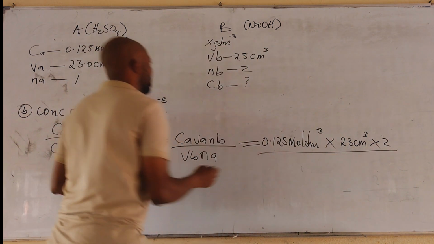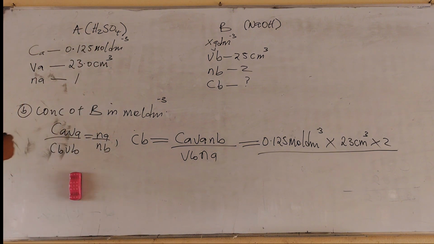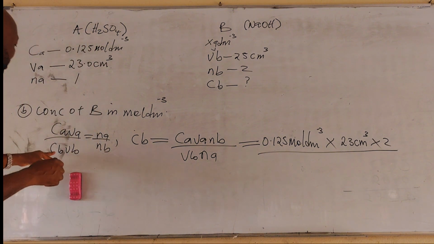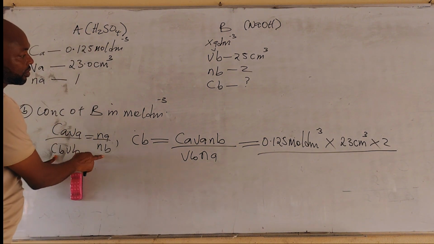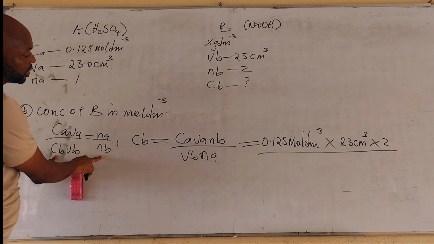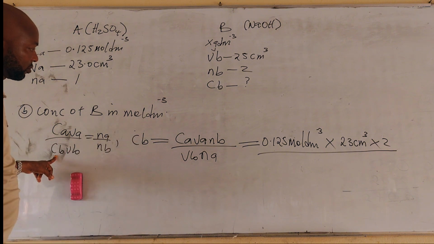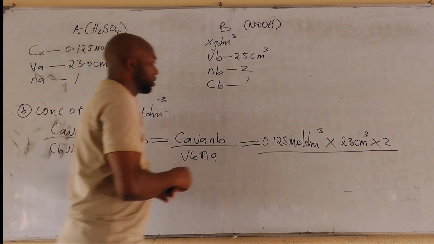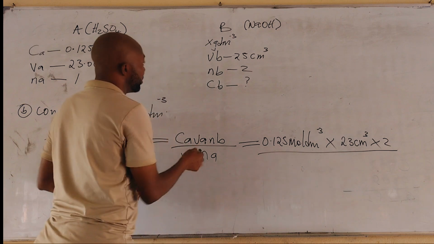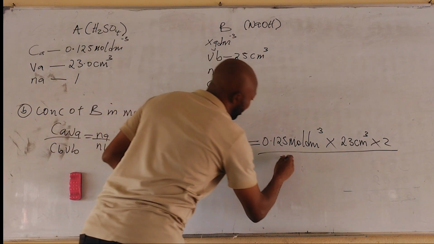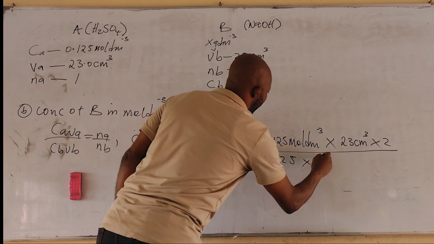Okay, let me be certain that we're doing the right thing here. CB is CAVANB over VBNA. Alright, we're good. Now, this is over VB, volume of the base is 25 times 1.